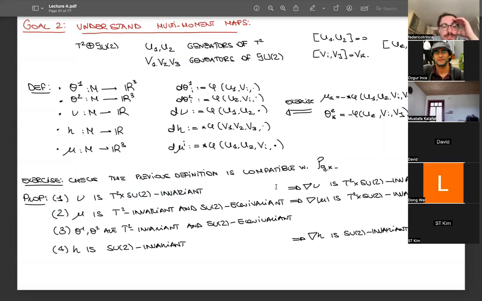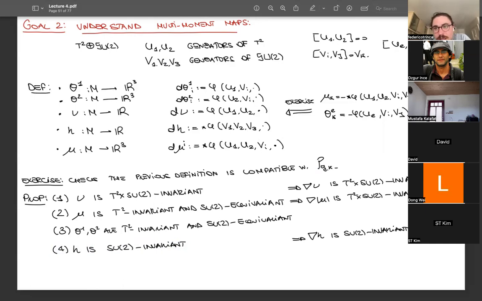So also the gradient of nu is going to be T2 times SU2 invariant. Mu is T2 invariant and SU2 equivariant, so the gradient of the absolute value of mu is T2 times SU2 invariant. Now, θ1 and θ2 are T2 invariant and only SU2 equivariant. And eta you can check is SU2 invariant. So in particular, the gradient of eta is SU2 invariant.